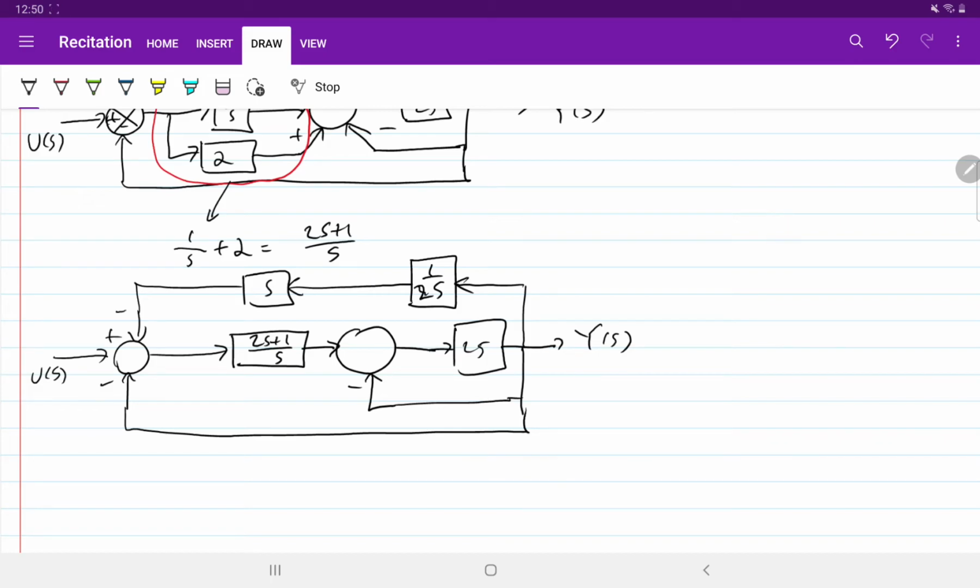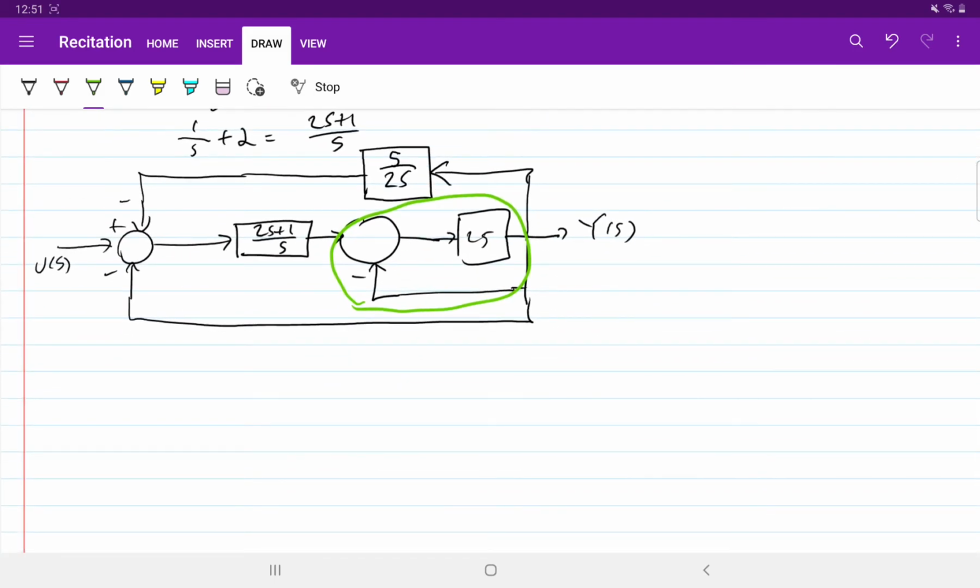Okay, and we can combine these two signals so they become 5 over 2s. And of course this block, in the green color, is nothing but negative feedback, so you can always simplify it.